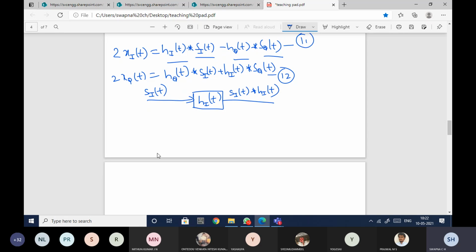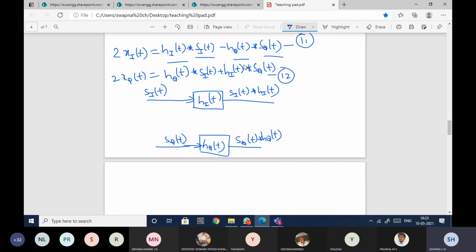In the same way, I should also get hq of t convolution with sq of t. So I'll take hq of t and the signal sq of t. The output of this will be sq of t convolution with hq of t. That's what is here, right?